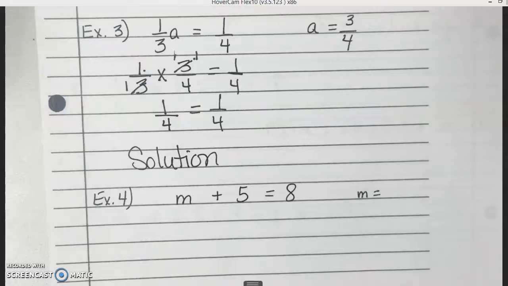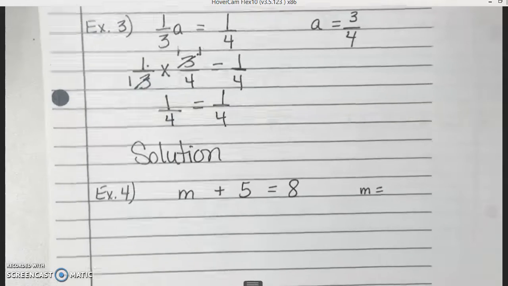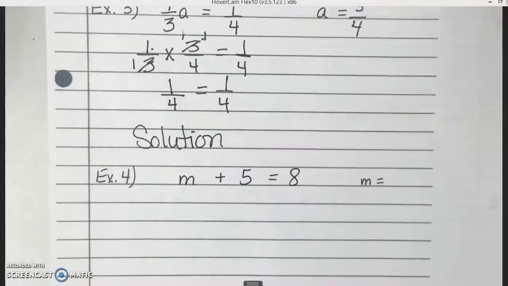Alright, so for the next example, the 6th grade class president serves a term of 8 months. Janice has already served 5 months of her term as class president. The equation m plus 5 equals 8 can be used to determine the number of months Janice has left.